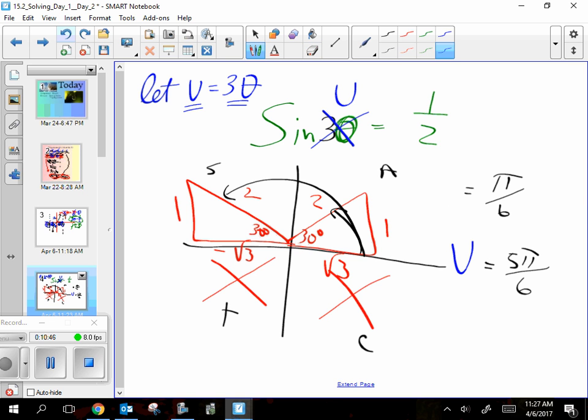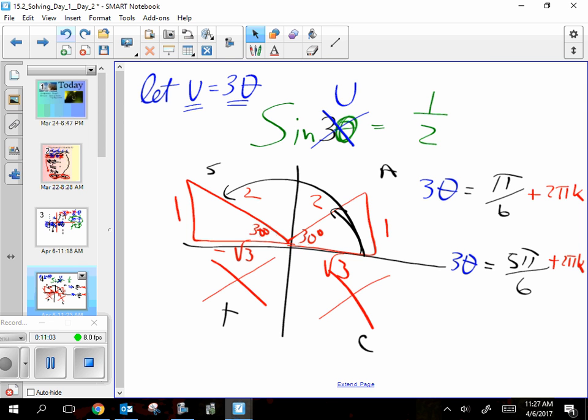See what's happening here? I'm replacing my U with a 3 theta, and then replacing this U with a 3 theta. And then, how do I get the all solutions part? By going plus 2 pi k, plus 2 pi k. And then, the final answer is that theta isn't alone yet. I've got to multiply everything by 1/3.